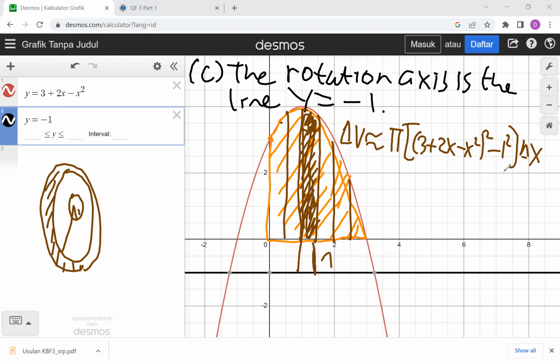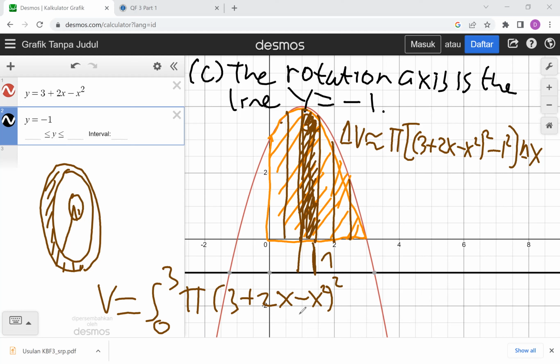Once you get the approximation, take the summation and then the limit, and you will have V equals the integral from 0 until 3 of pi times (3 plus 2x minus x squared plus 1) squared minus 1 squared, dx.